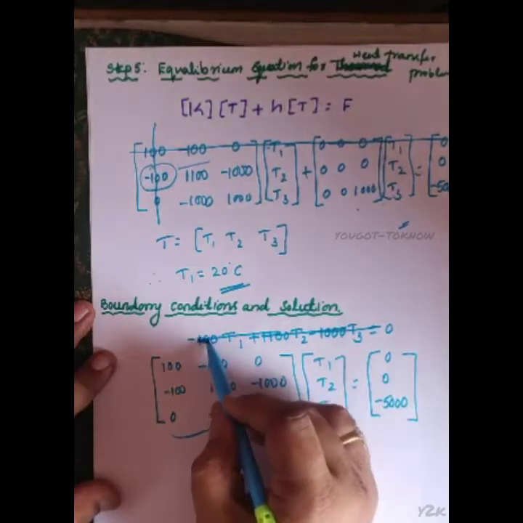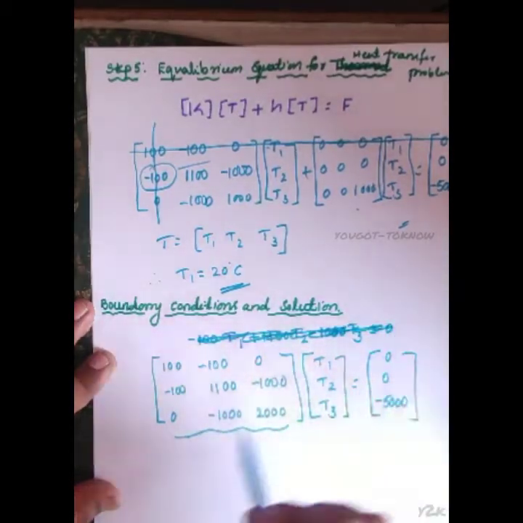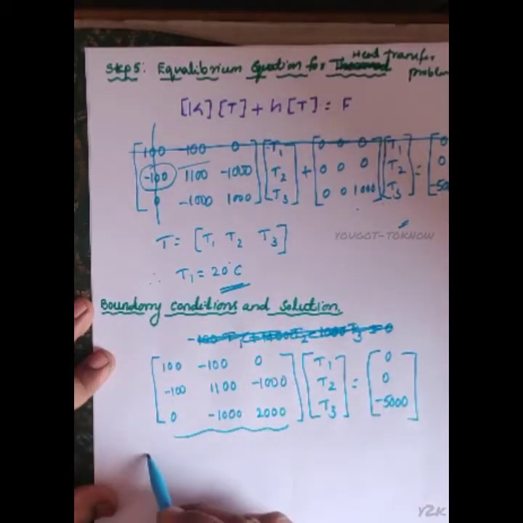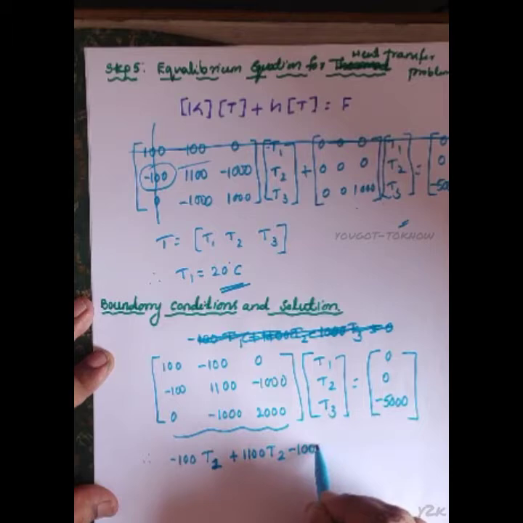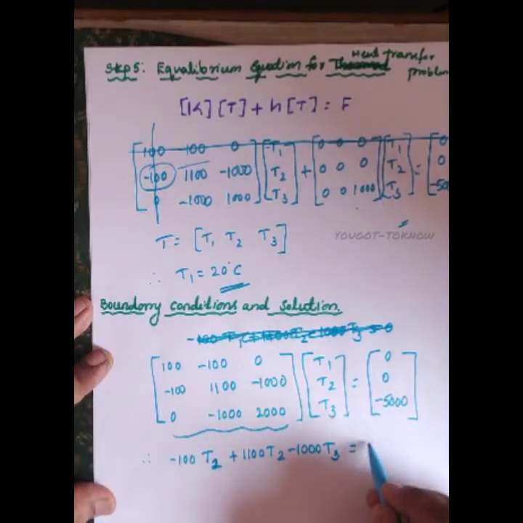Now before elimination, if you observe, there is an equation here. Multiplying the second row, 100 T1 plus 100 T2 minus 1000 T3 will be equal to 0.